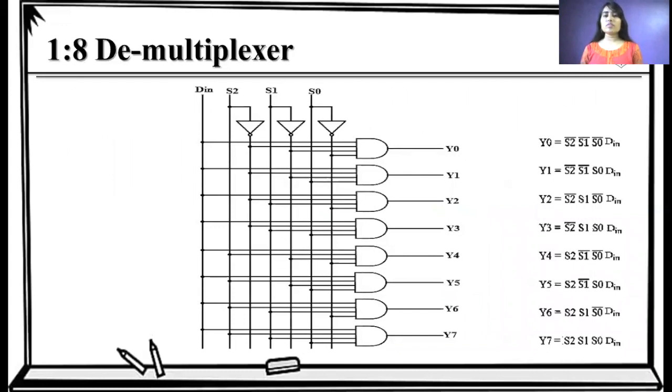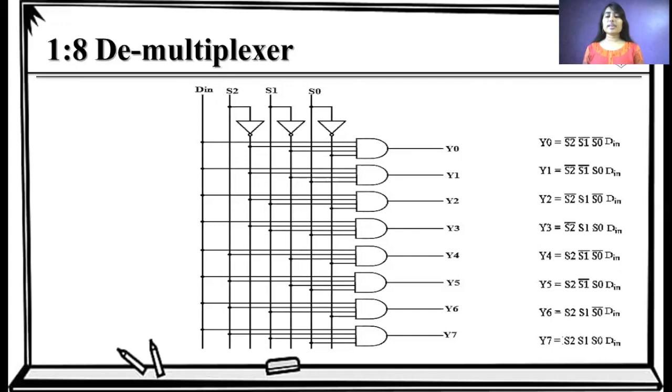So here we have an equation for Y0, as Y0 will be activated at S2, S1, S0 equal to 0, 0, 0. So we have Y0 is equal to S2' S1' S0' D in, Y1 is equal to S2' S1' S0 D in, and similarly Y7 is equal to S2 S1 S0 D in.